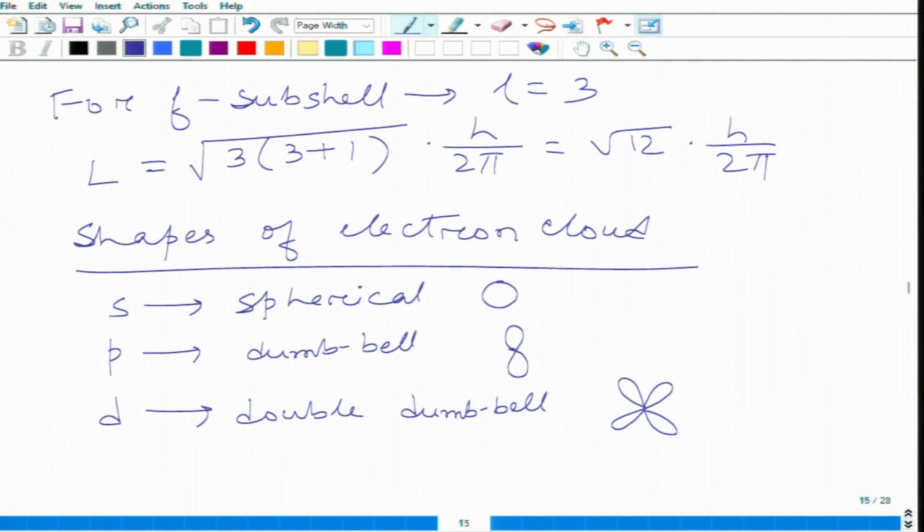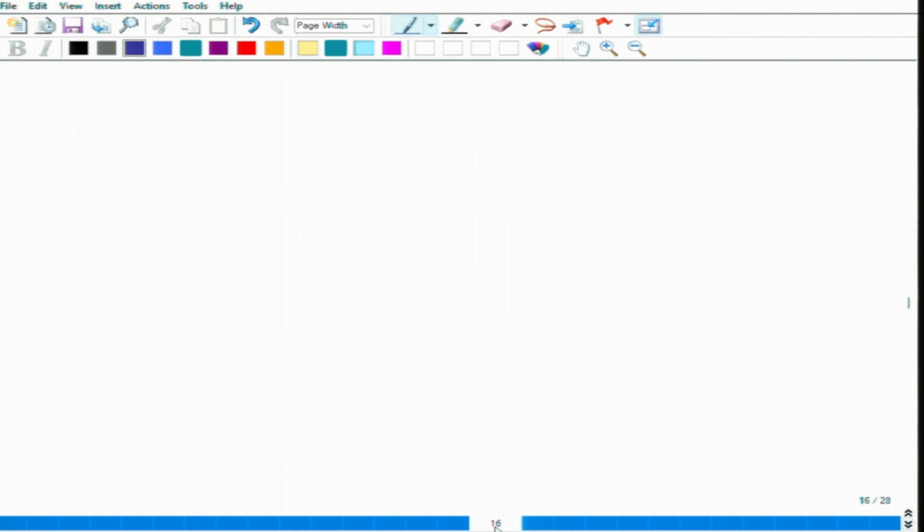Okay. We will discuss about the shapes of the electron clouds in further details. But now we will discuss about the quantum numbers first.